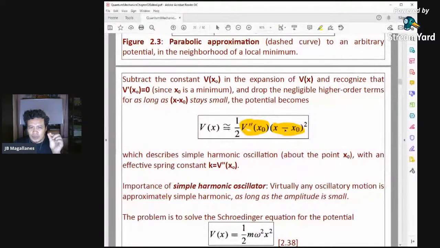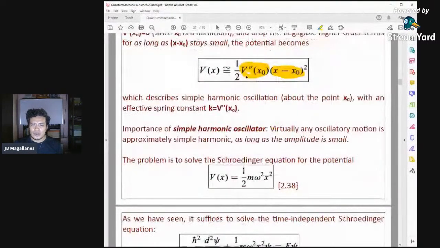The difference between the equilibrium and the position, it stretches or it bounces back and forth. So this is now your description of the simple harmonic oscillation about point x of o. This is simple harmonic oscillation about the point x of o with an effective spring constant of k equal to V double prime, the second derivative with respect to x, evaluated at x of o.